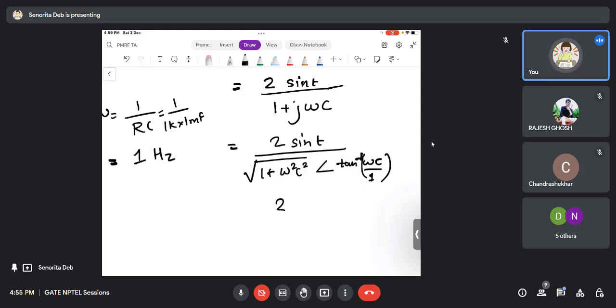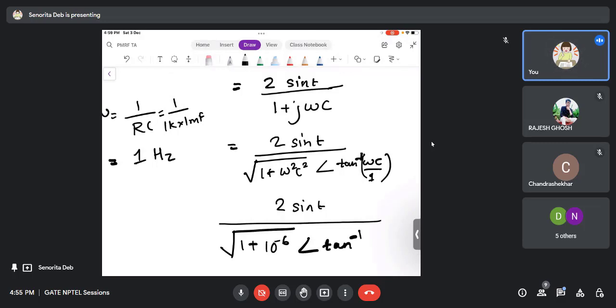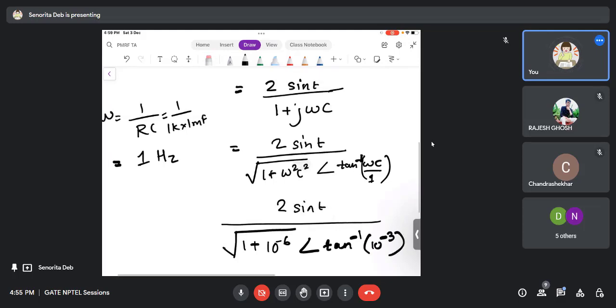So 2 times sine t upon under root 1 plus 10 to the power minus 6, angle tan inverse 10 to the power minus 3.